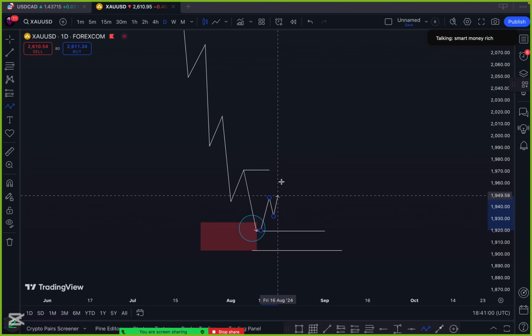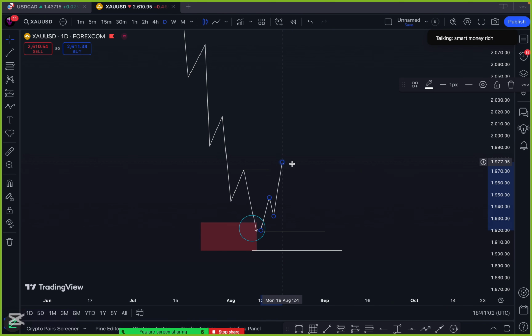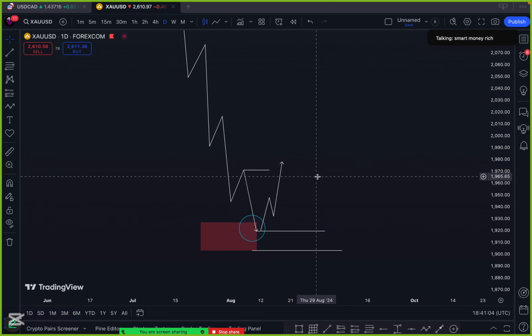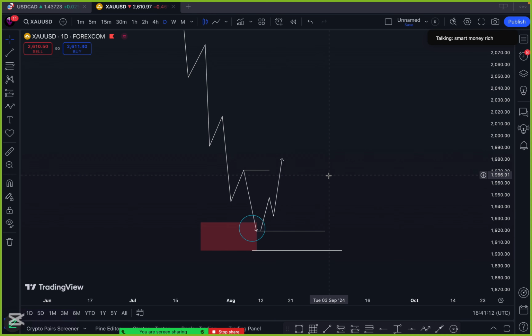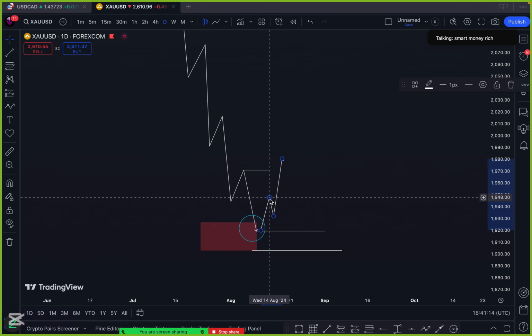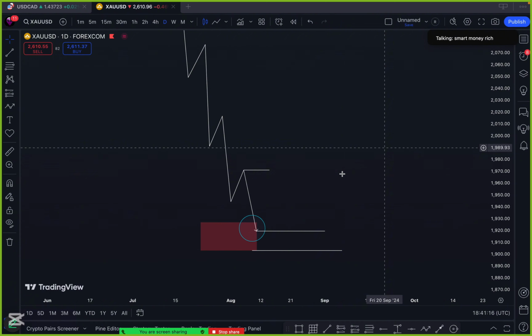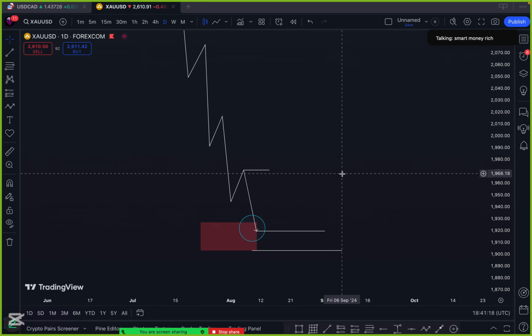They are going to be closing their positions because they know that once price breaks this high, they are going to get what? A reversal. And that reversal is an opportunity for them to take even more positions.